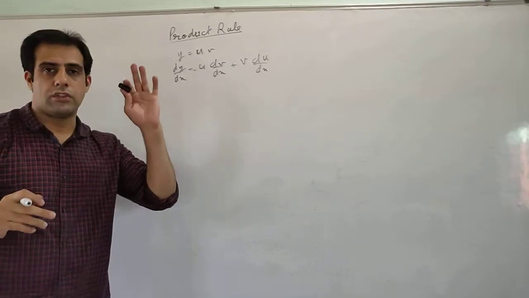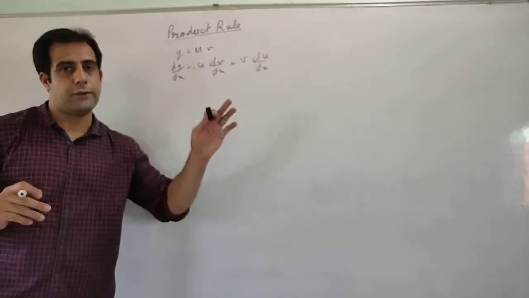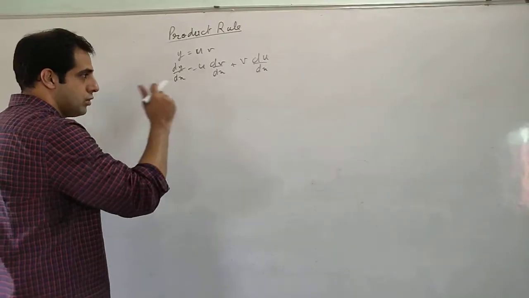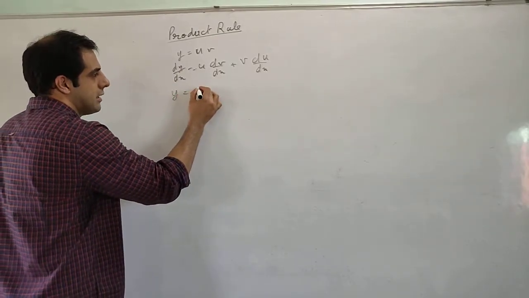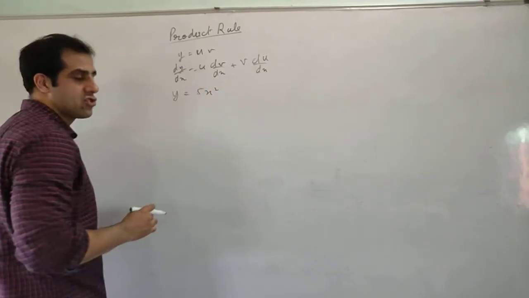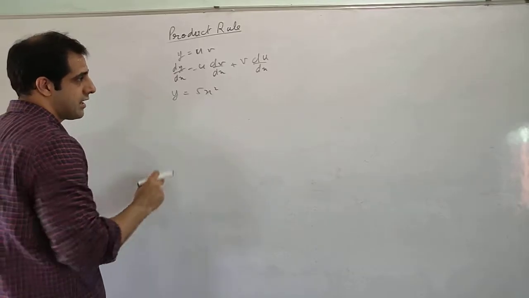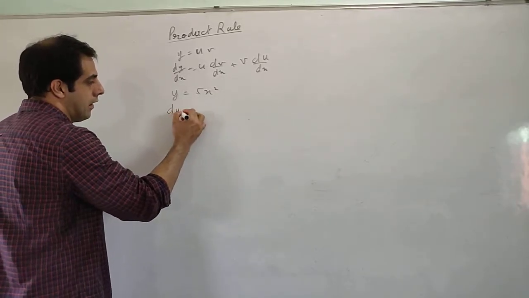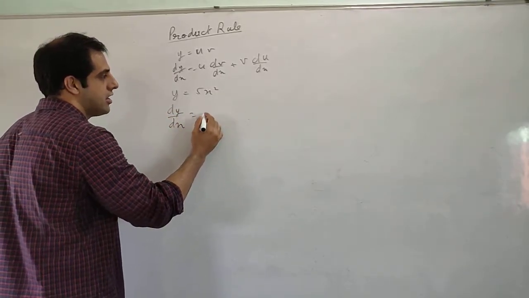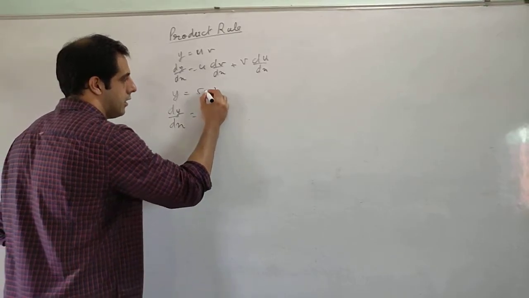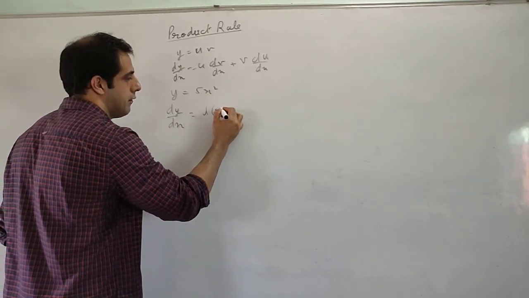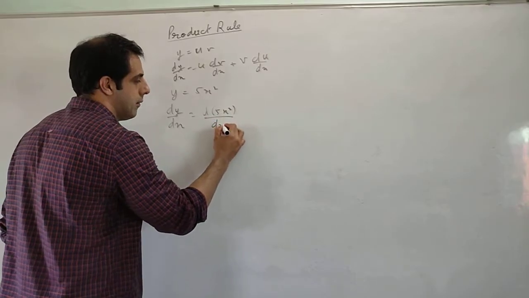Now in the starting of this concept, when we started applying differentiation to do the calculations, we took an example 5x square. Remember, we tried to differentiate it, so it will be differentiation of 5x square by dx.